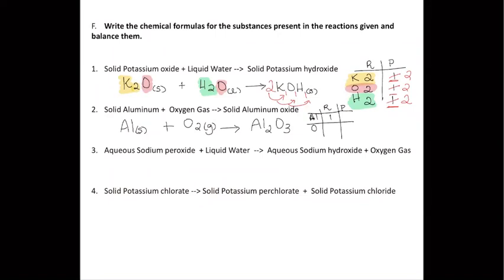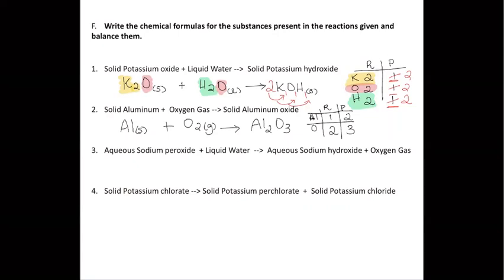How many oxygens? Excellent. When I look in the products, how many aluminums do I have? Great. And how many oxygens? Excellent. You guys know how to count your atoms. Amazing. Now, because nothing matches, I need to at least balance something, right?